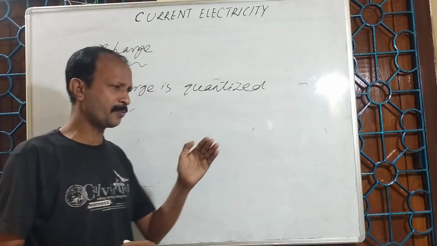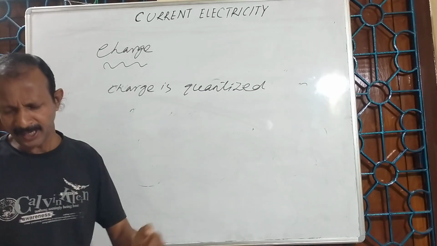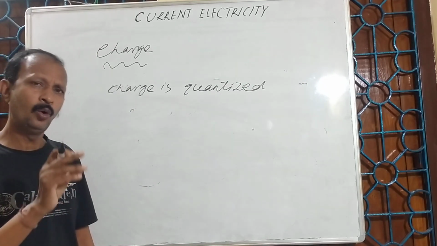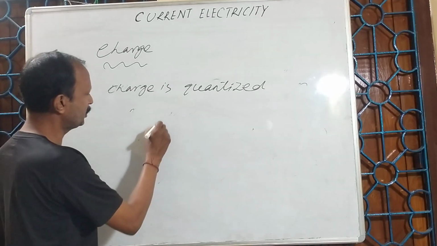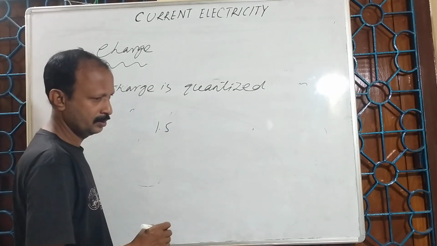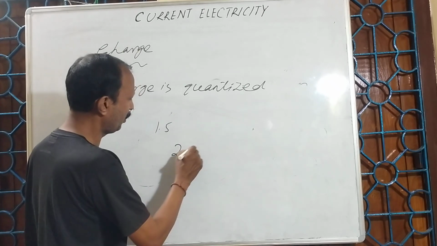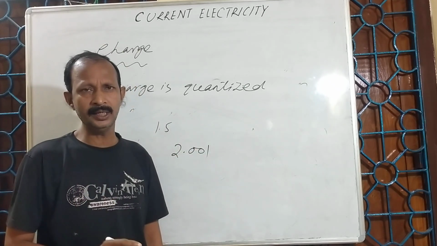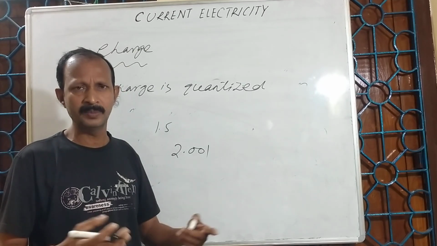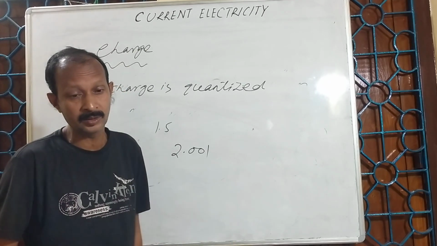But the excess or deficit must be a whole number. You cannot say there is a deficit of 1.5 electrons or 2.001 electrons. We can say there is a deficit of 5 electrons, maybe 10 or 20 electrons.